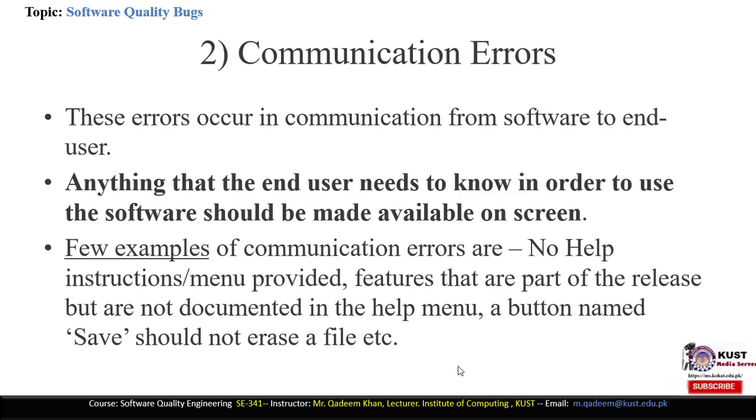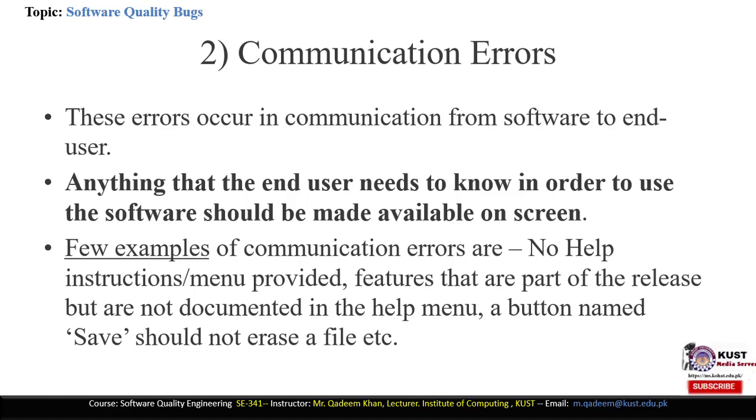That is a communication error from the software side towards the end user side. Another example is that a button named save should not erase a file, because saving a file means that the file will be permanently saved on your hard disk, in your database files or in your database record.